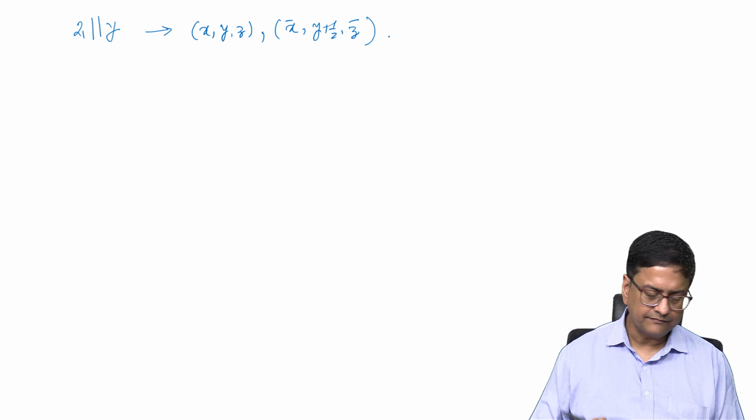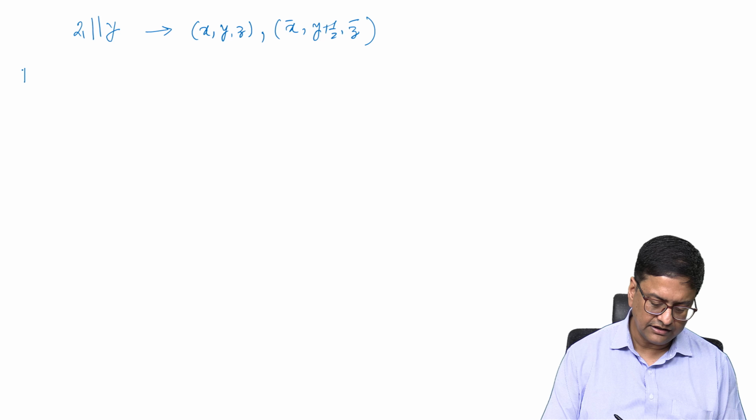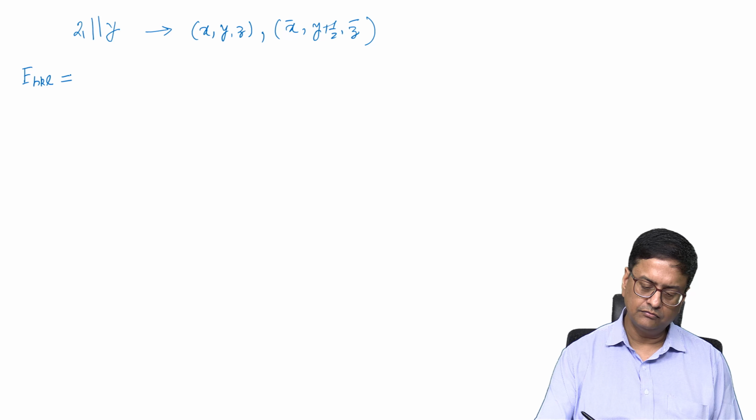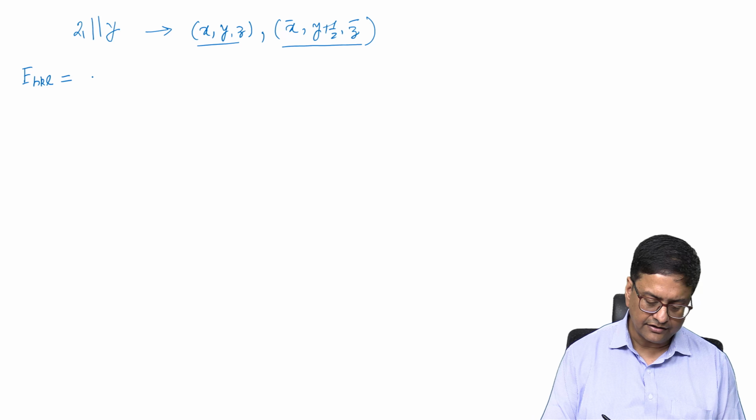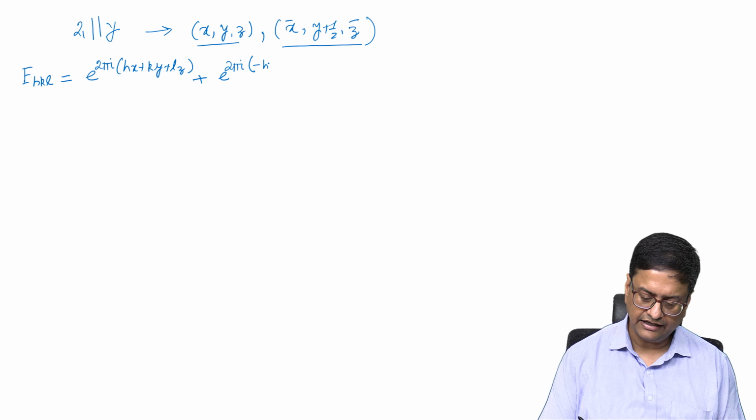So, now what will happen? If I try to write the EHKL for these 2 points which are generated by the 2-1 screw, I get e to the power 2 pi i (Hx plus Ky plus Lz) plus e to the power 2 pi i (minus Hx plus Ky plus K by 2 minus Lz).